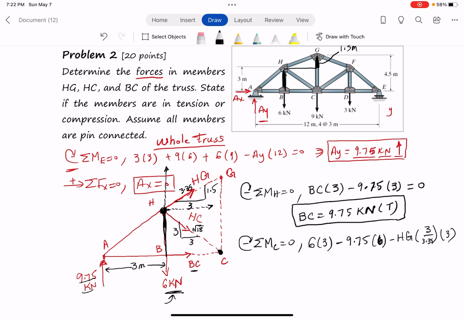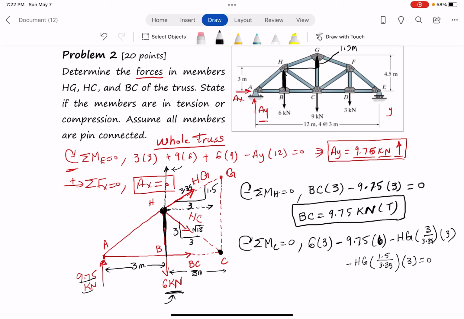How about the HGy? The HGy also will do a negative moment: 1.5 over 3.35 times the distance, which is also 3. So this is from here to here, also 3, equal to 0.